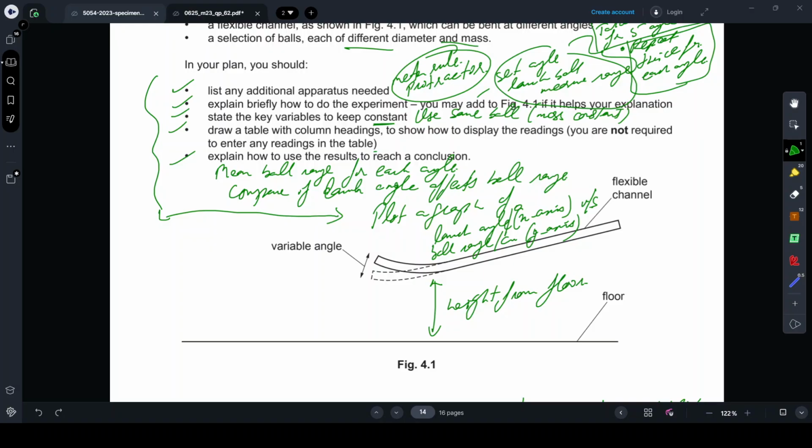Even there, use 5 different masses, keep the height the same in that case, and repeat the drop for each ball 3 times. The approach is the same every time. Obviously the situation is different, so you mold your experiment according to the situation that's required.